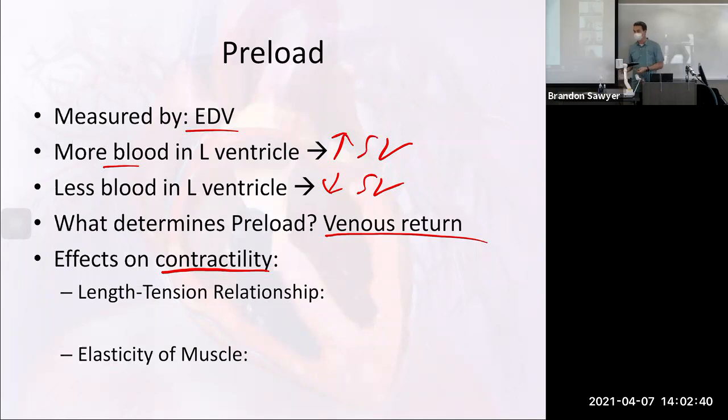It's very similar in the heart, actually, because those heart muscle cells are muscle cells too, and we're relying on actin and myosin, so we need actin and myosin interaction. So by stretching out the heart a little bit, when we fill it up with blood, that gives us a better length tension relationship, and that gives us a little bit more interaction between actin and myosin, and so that allows us to contract a little bit more forcefully.